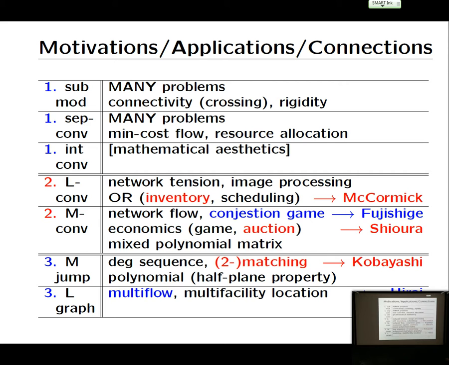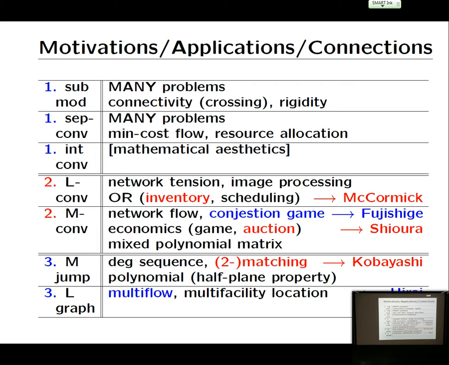Or in operations research, in particular inventory or scheduling. And about inventory, Tom McCormick will give a talk. And for M-convexity, network flow, or not here at tension, but here at flow. And recently, Fujishige and others wrote a paper on a congestion game where M-convexity plays a role.